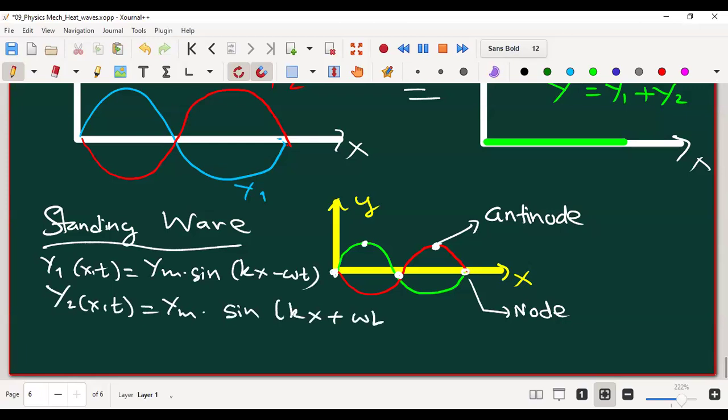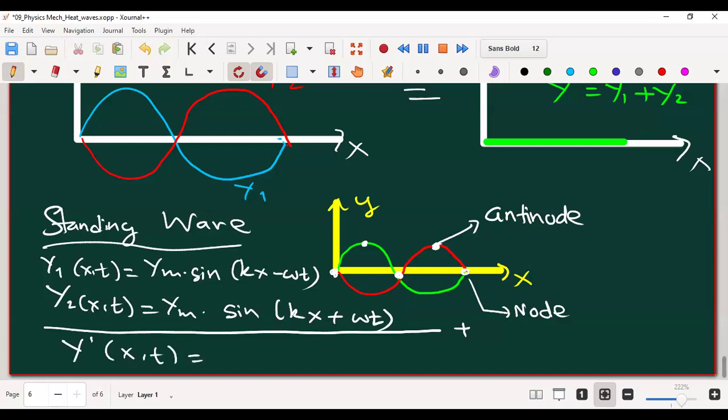So this one is the opposite direction. We can add y1 plus y2, and the result y prime is equal to 2ym sin kx cos omega t.